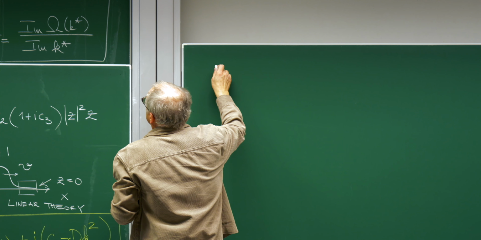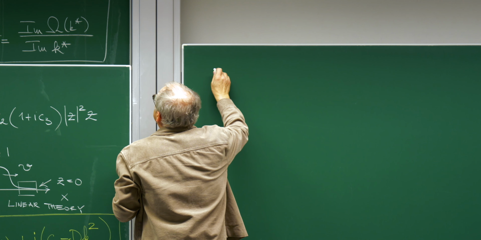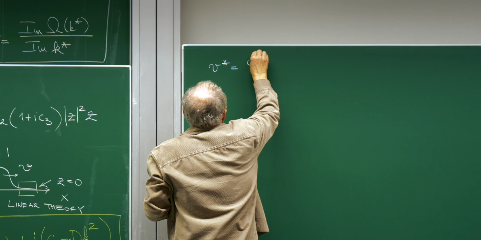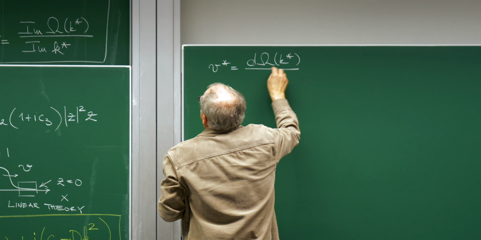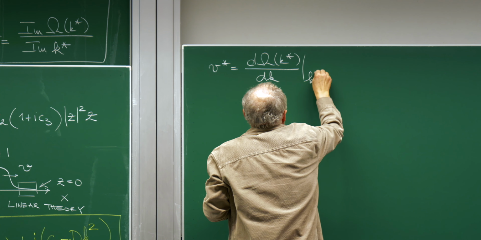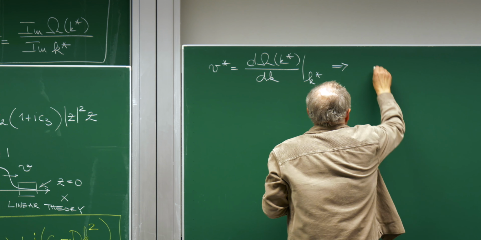So from the first condition, from v star equals d omega of k star divided by dk at k star, I find the saddle point.